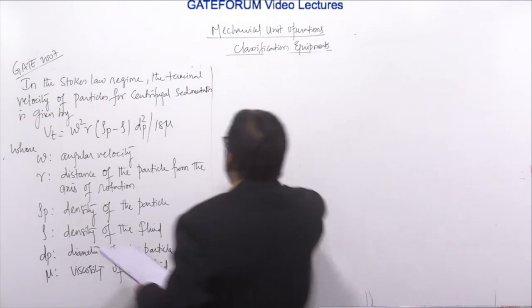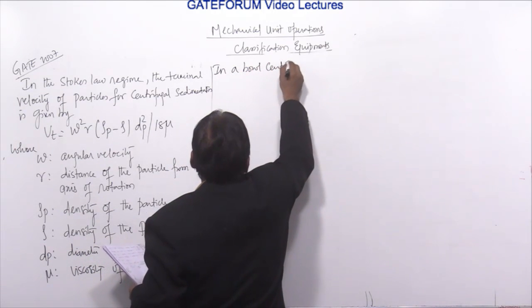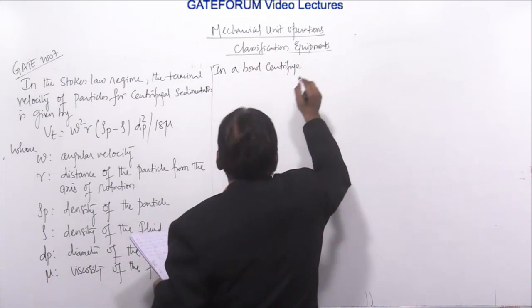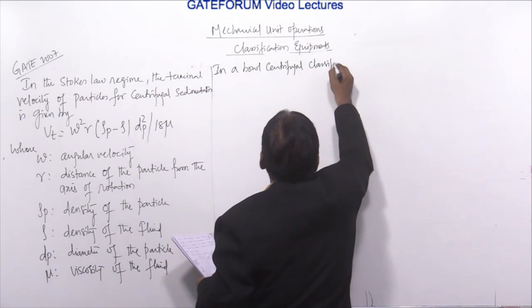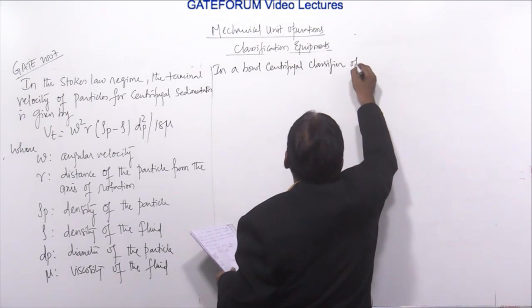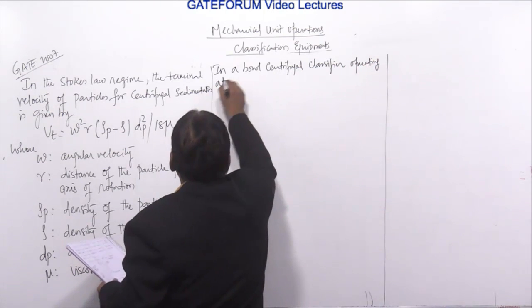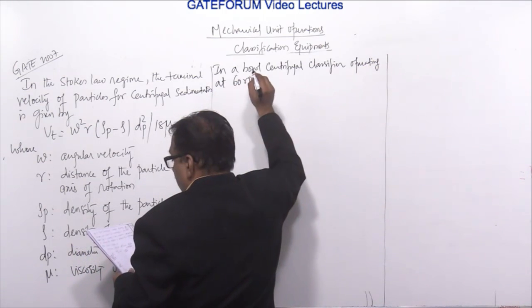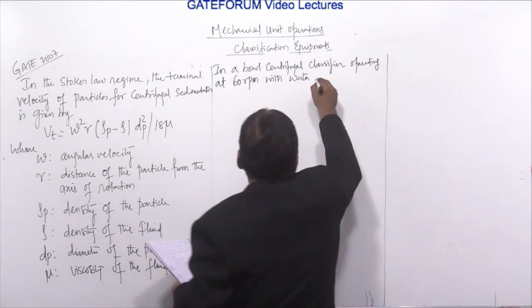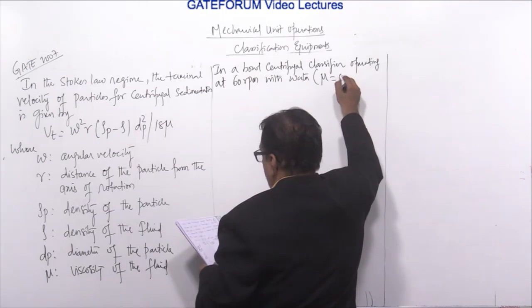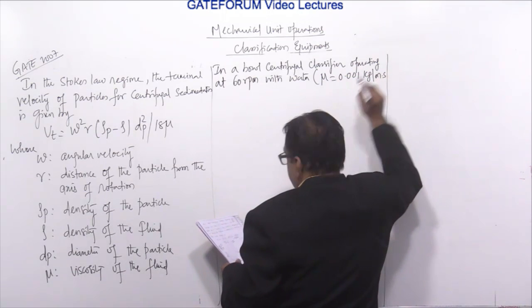Yes. So, in a bowl centrifuge, centrifugal classifier operating at 60 rpm with water, mu is equal to 0.001 kg per meter second.